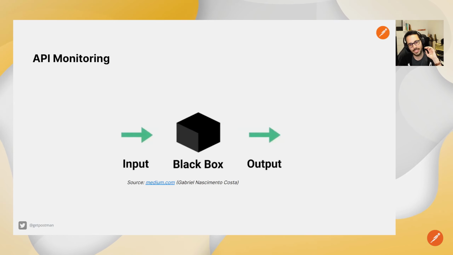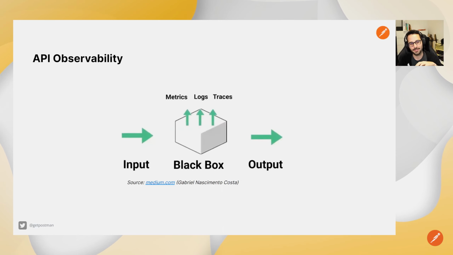If we talk about API observability, then we're not interested in the output. We're interested in what's happening in between, what creates that output. So we're looking at the data in between. We're opening that box and looking at the 3 pillars of observability. Mudit mentioned them a bit earlier. So we have metrics, logs, and traces.